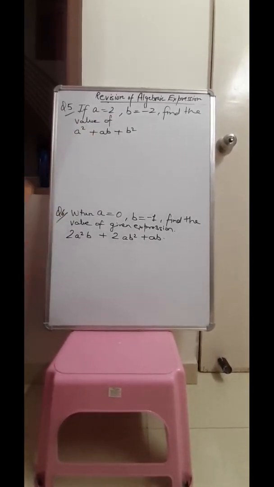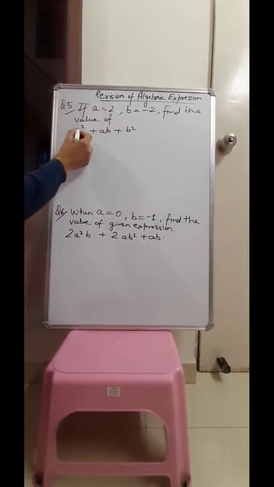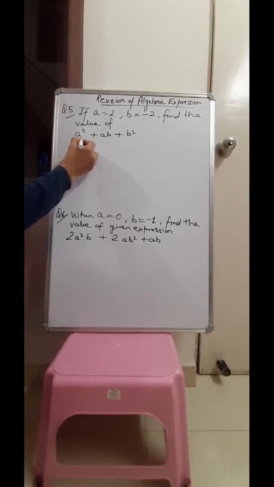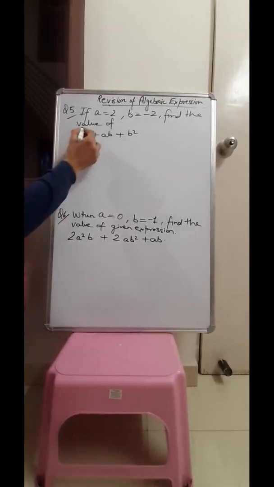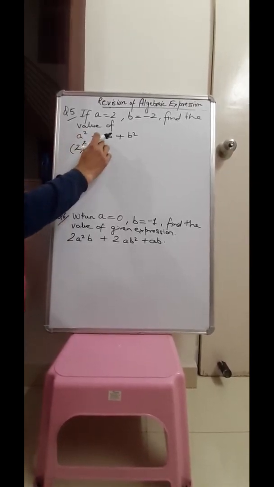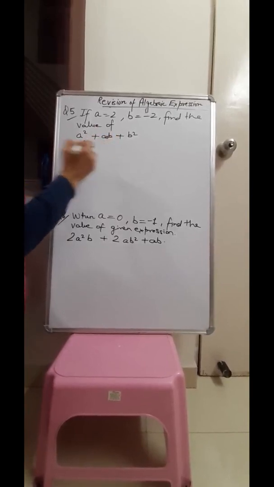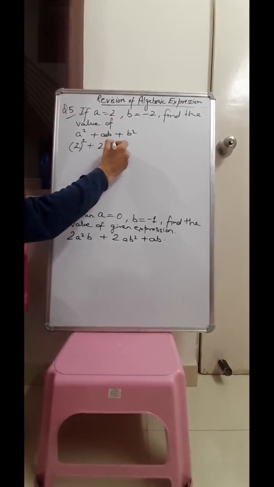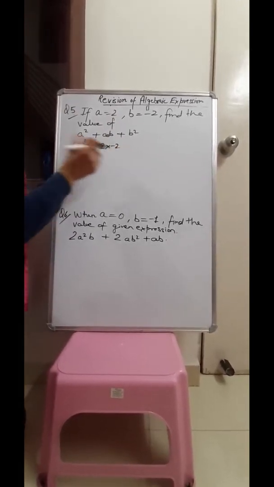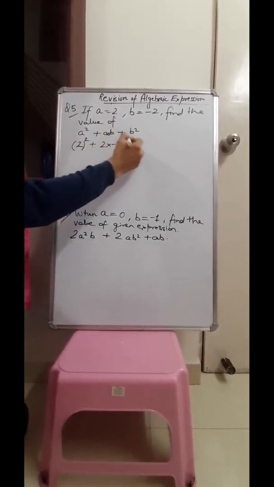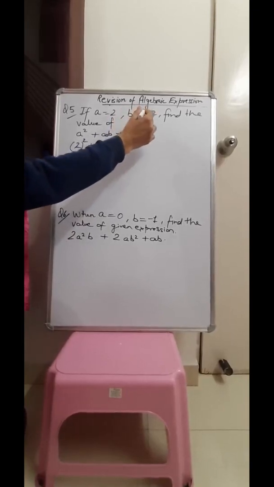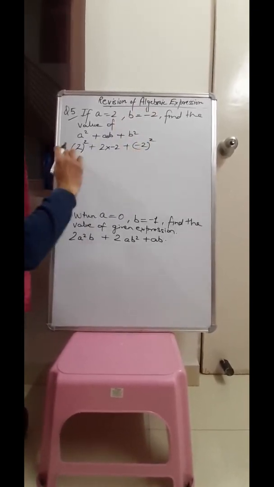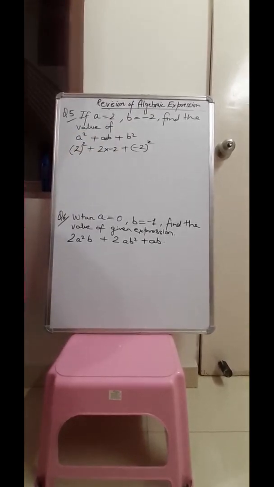So a square means we put the value of a as 2, so 2 raised to power 2 because the power is 2, plus ab means a multiplied by b, so the a value is 2 and the b value is -2. So we keep it like this, 2 multiplied by -2, and plus b square, b is -2, so b square is -2 raised to power 2. In this way we can keep the values of a and b.